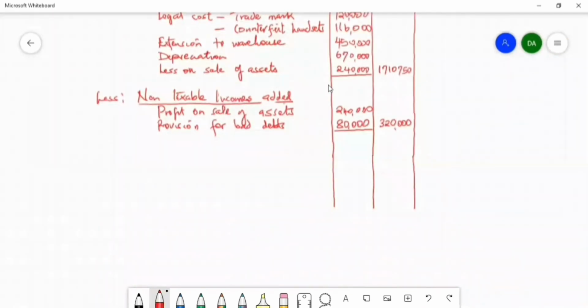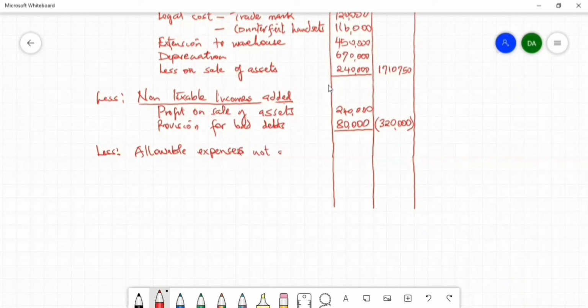Now you come here and less. Excuse me. Yes. This figure 320, are we supposed to deduct it? Yes, this should be deductible. Allowable expenses not deducted.